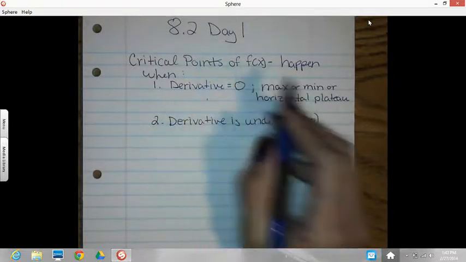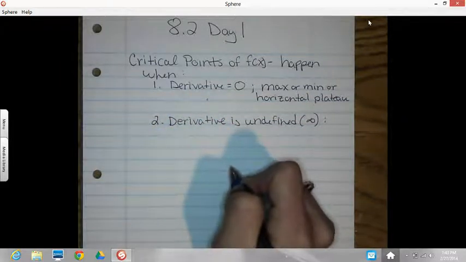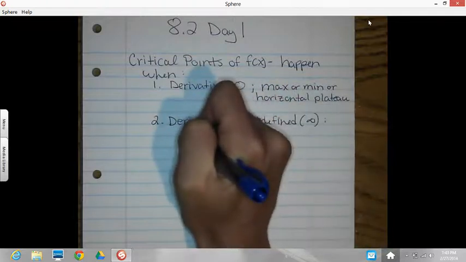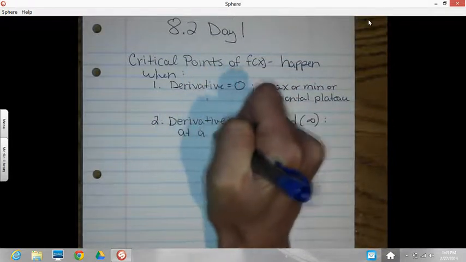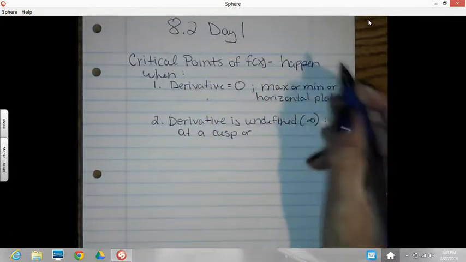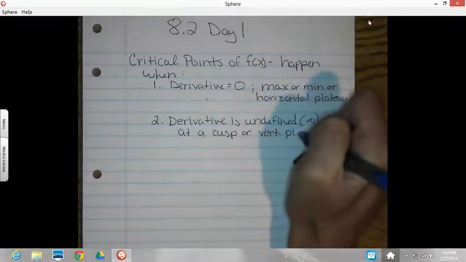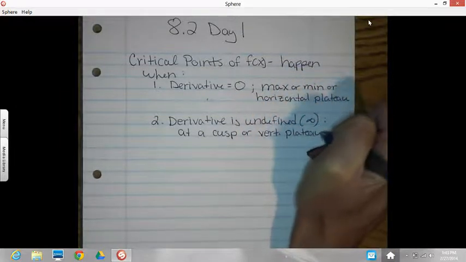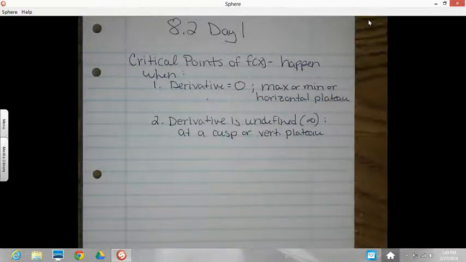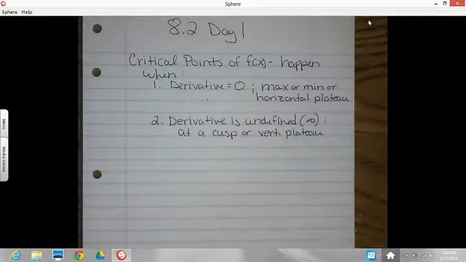That happens at, and you know one of these, a cusp, and one you don't know is a vertical plateau. So there's 2 spots where the derivative is undefined, cusp or vertical plateau. On a continuous graph, obviously at a vertical asymptote too, but we're not talking that. We're talking continuous functions.